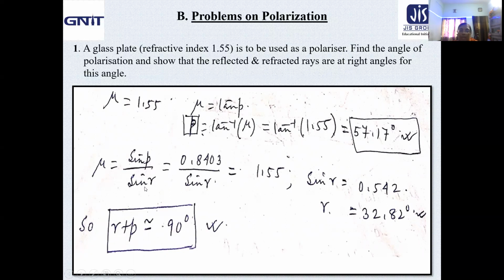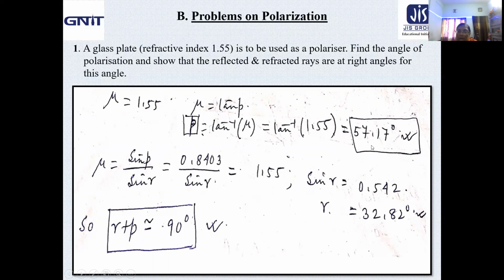Now p value already you found out. So find out the value of sine p, that is 0.8403, and sine r you have to find out, mu value already given. Get the r value 32.82 degree from here.